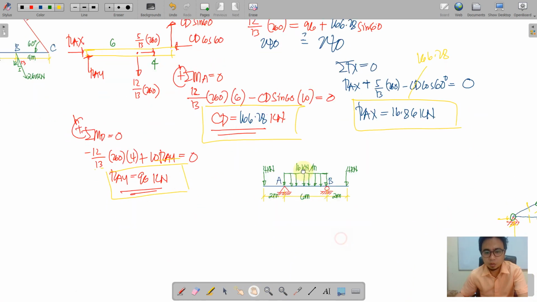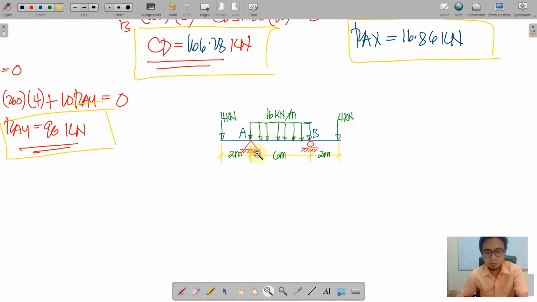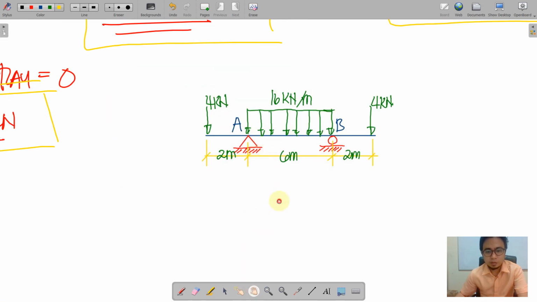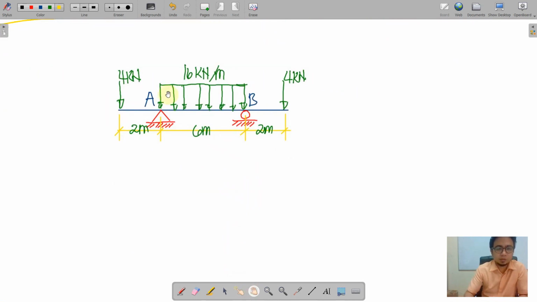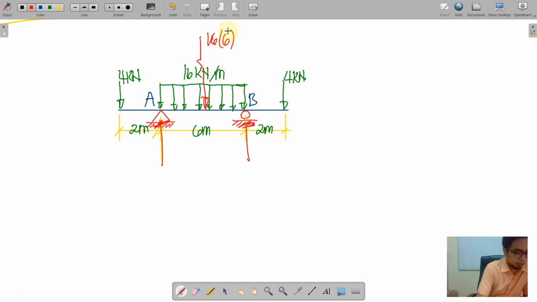Okay, for the next problem, we have a problem on a symmetrical beam, of course. A symmetrical beam shall have equal reactions. Okay, so all in all, if we are going to get the result here, this is 16 times 6 is 96.